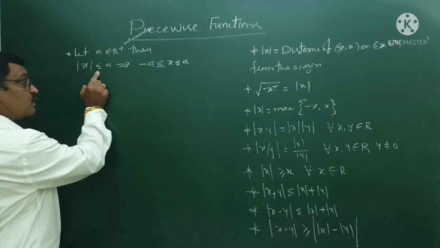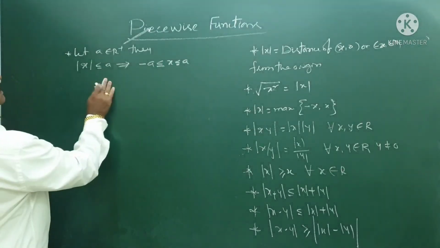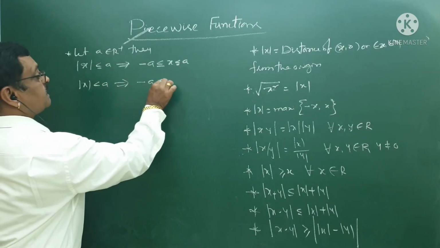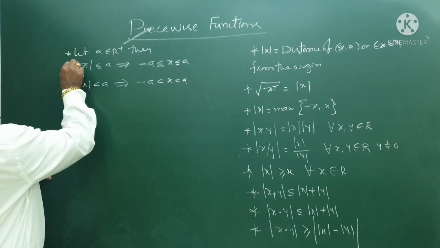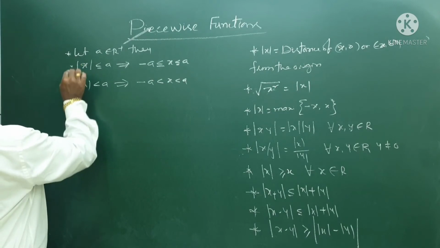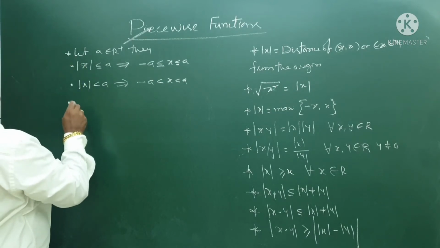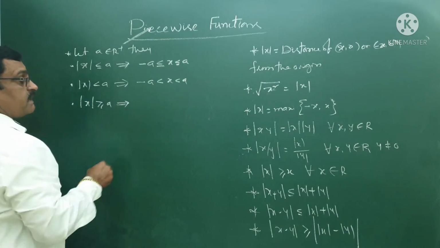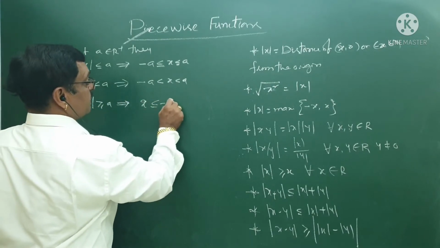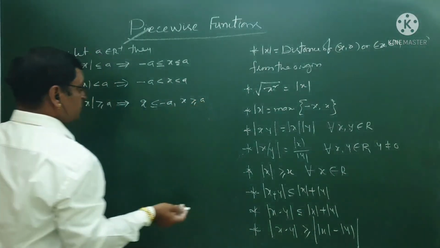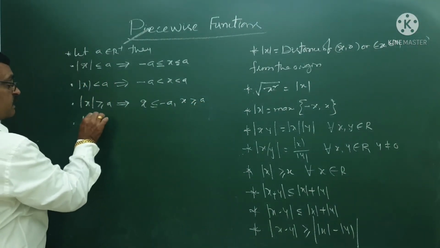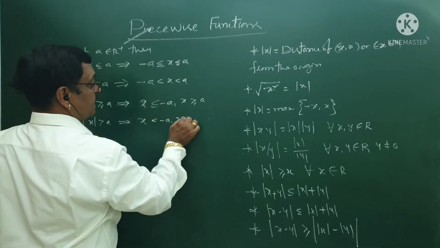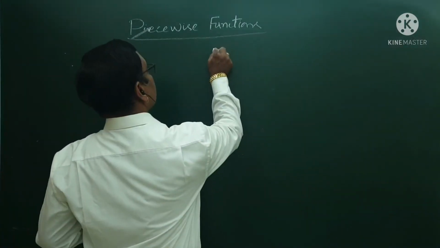Whenever you have the including symbol, here also you have to include. Or if mod x is simply less than a, then minus a less than x less than a. The same way, when mod x is more than or equal to a, my x is less than or equal to minus a or x is more than or equal to a. Whenever I don't include a, then x is simply less than minus a or x is more than a.